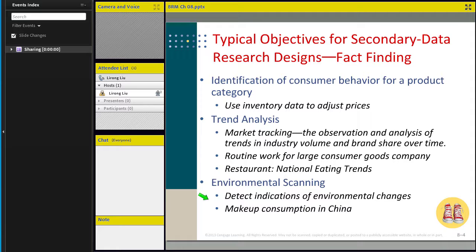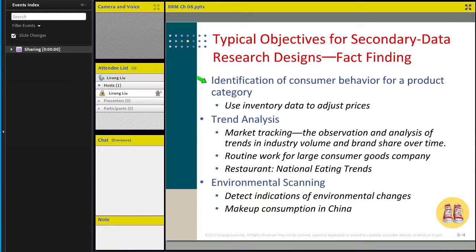So typically, the objects for using secondary data can be slightly different from research using primary data. Typically, we use secondary data to do fact finding, that is, to describe something.